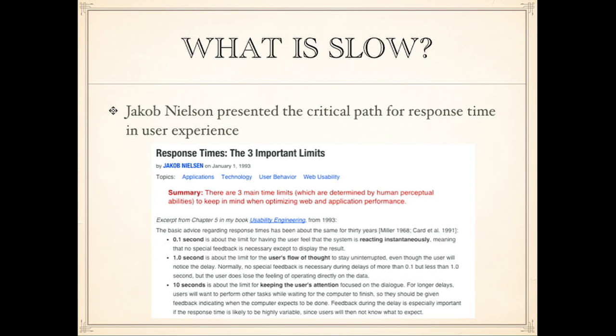He said that 100 milliseconds means instantaneous response where it feels immediate. 1,000 milliseconds keeps users' flow of thought seamless and feels natural. By the time you get to 10 seconds, you've completely lost the user. So those kinds of statistics are a nice benchmark.